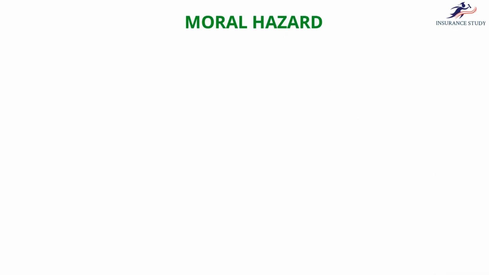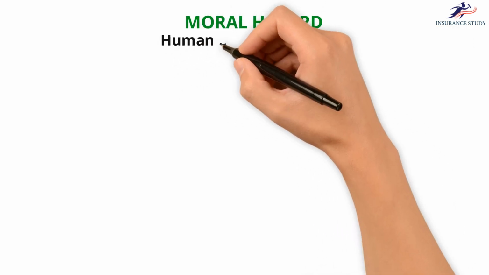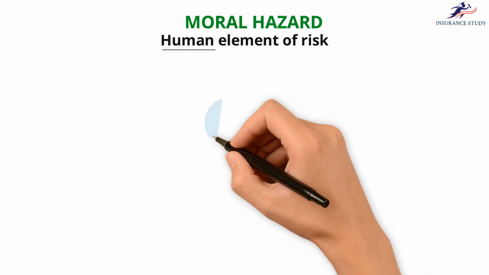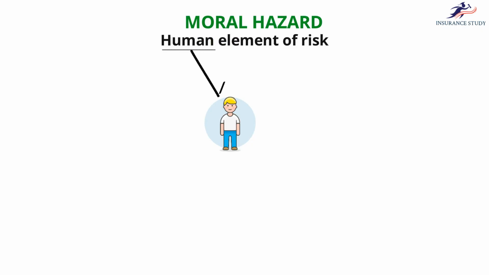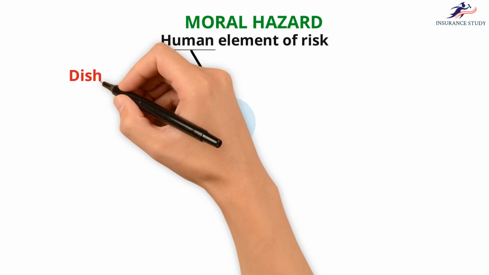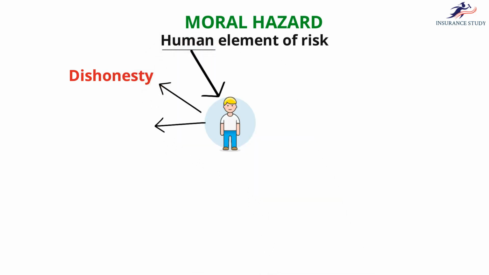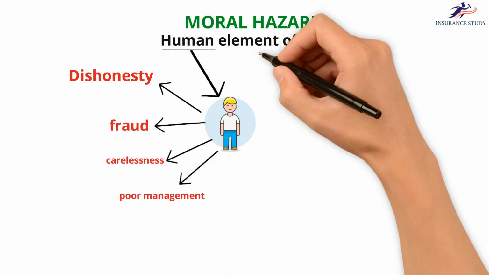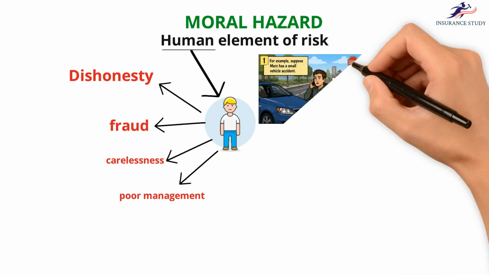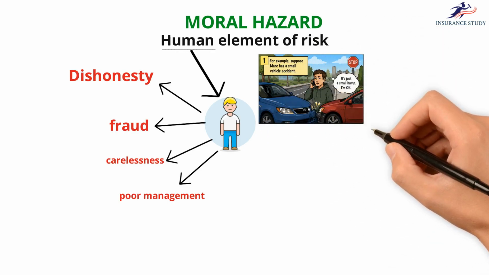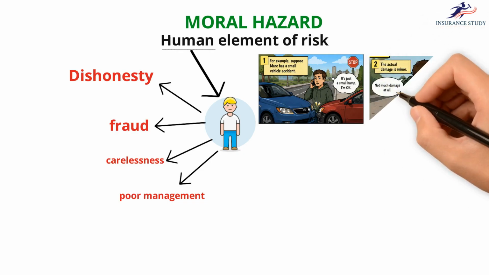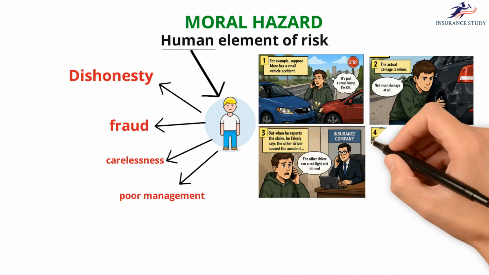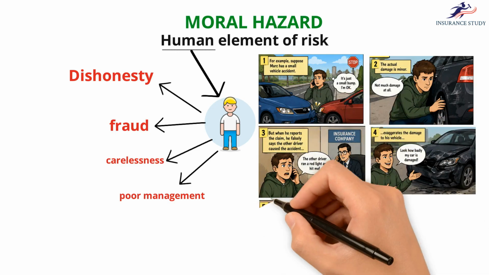So, moral hazard. Moral hazard comes from the human element of risk. It relates to the character or characteristics of the insured and can involve dishonesty, fraud, carelessness, or poor management. So here's an example involving an insured who deliberately exaggerates an insurance claim. Suppose Mark has a small vehicle accident.